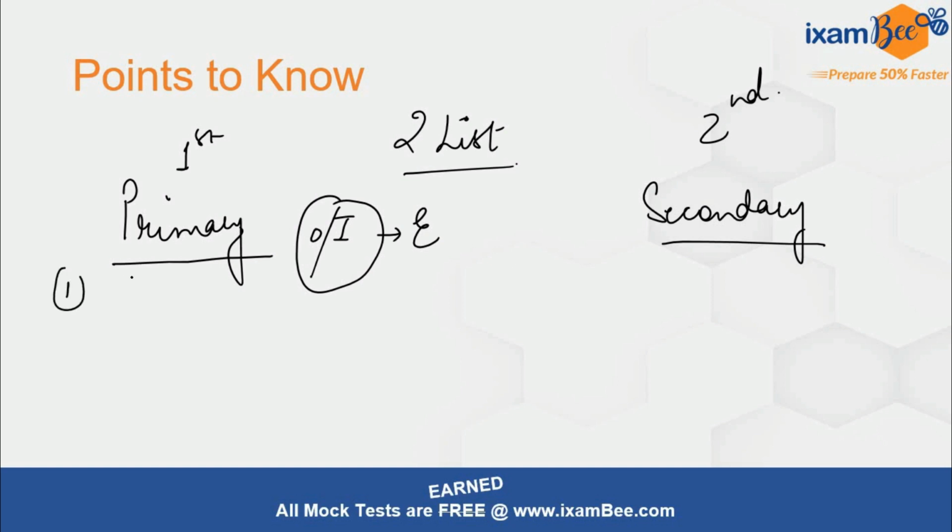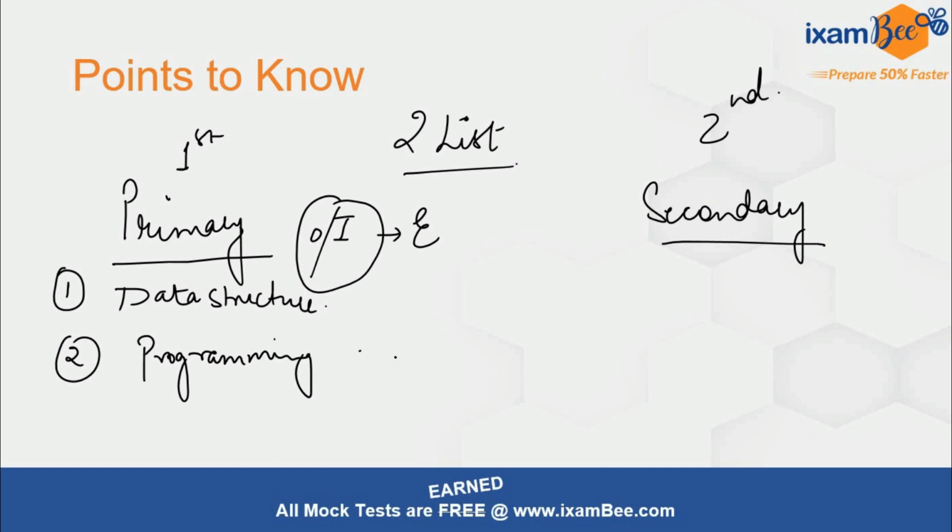Coming to that, our primary list will contain, first of all, the data structures. Data structures are the most important thing that you need to cover. Then the second one will be the programming concepts. Whatever the programming concepts are, you have to understand them, like loops, conditional statements, recursion, function calls, OOPS concepts.